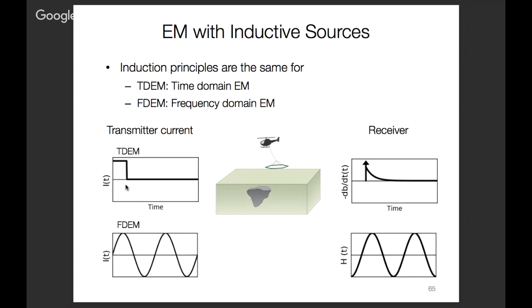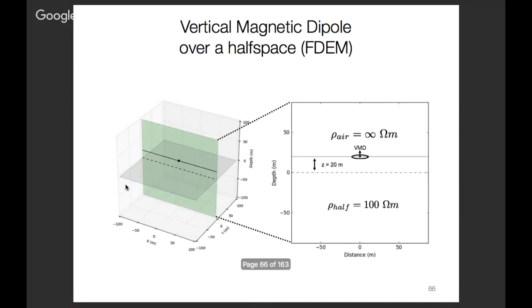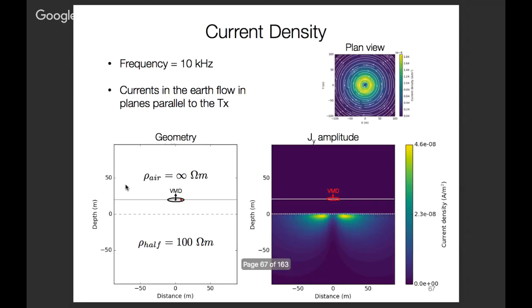Now we're going to do a frequency domain and measure these as data. So we'll have the same sort of setup. We've got a homogeneous Earth, 100 ohm meter background, vertical magnetic dipole, say 20 meters above the surface. And if we look at the current density for this, everything here is going to be so parallel to what we did in time that I can just sort of flip through it.